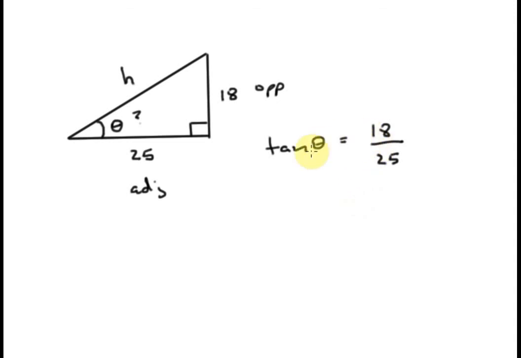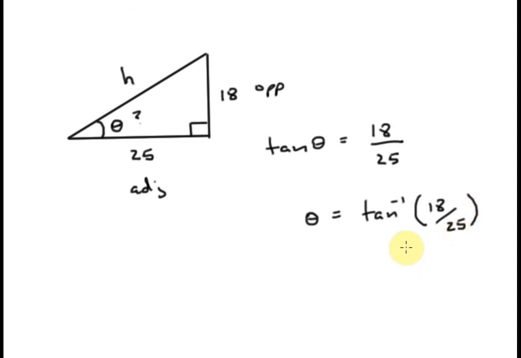Now, when you have a question like this where you know the two lengths and you're trying to get the angle, we use a slightly different process. We do what's called a tan inverse of the 18 divided by 25.